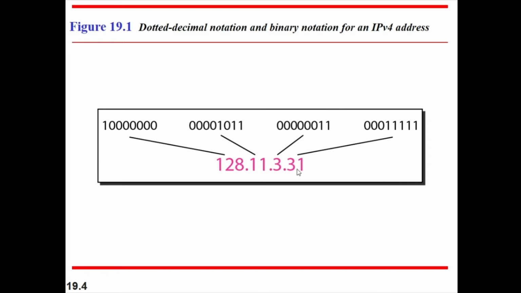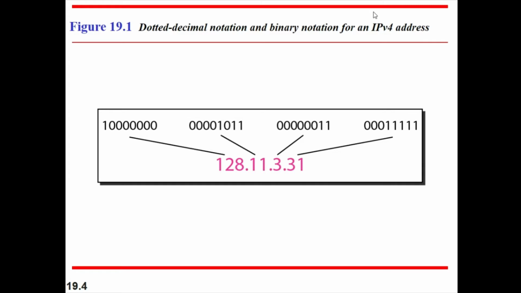And 31, when you convert into binary, is 3 zeros followed by 5 ones. So this one is in binary, and this one is in decimal.